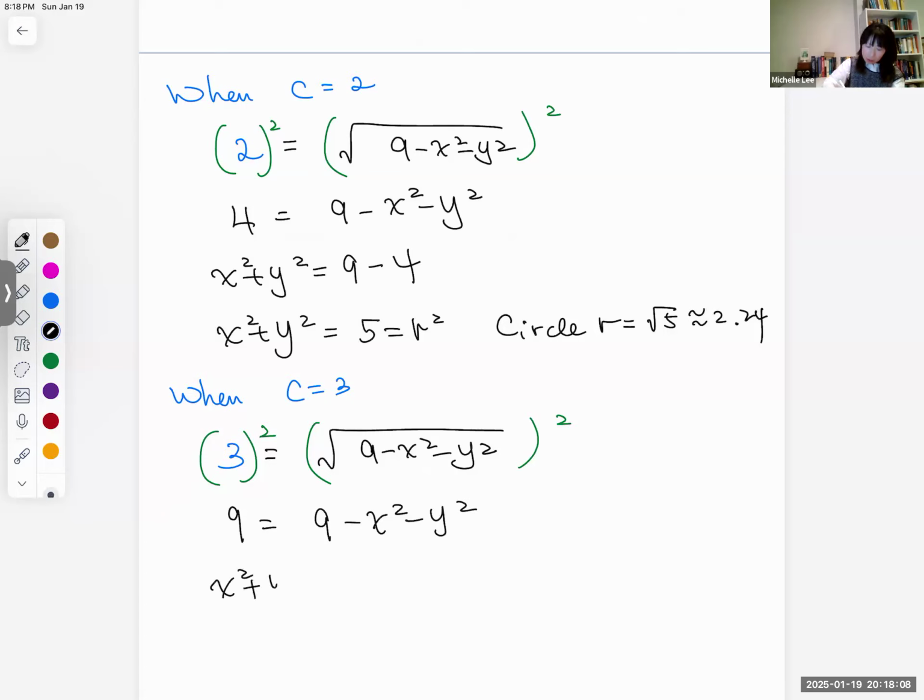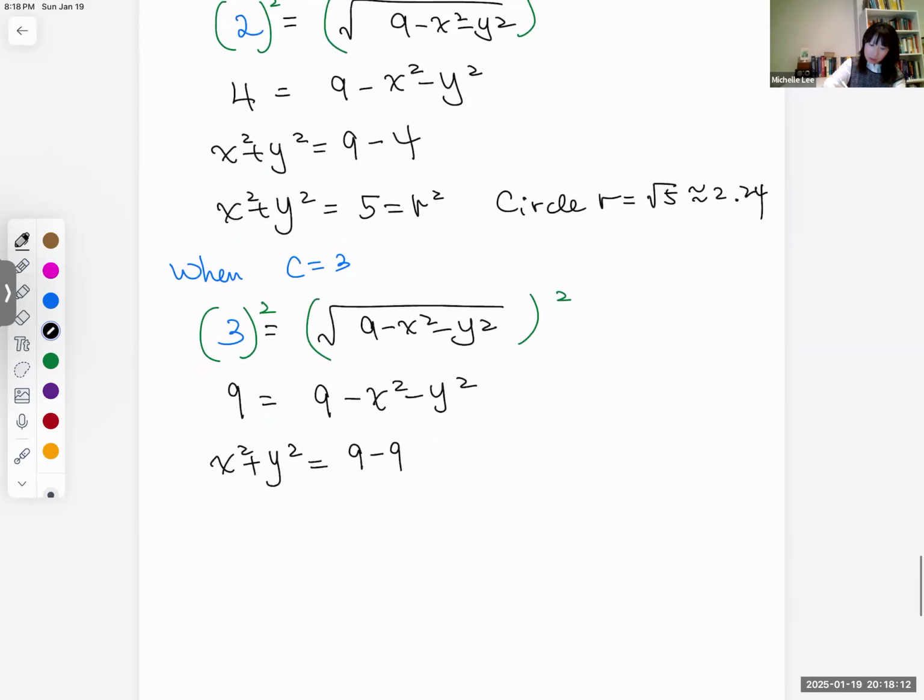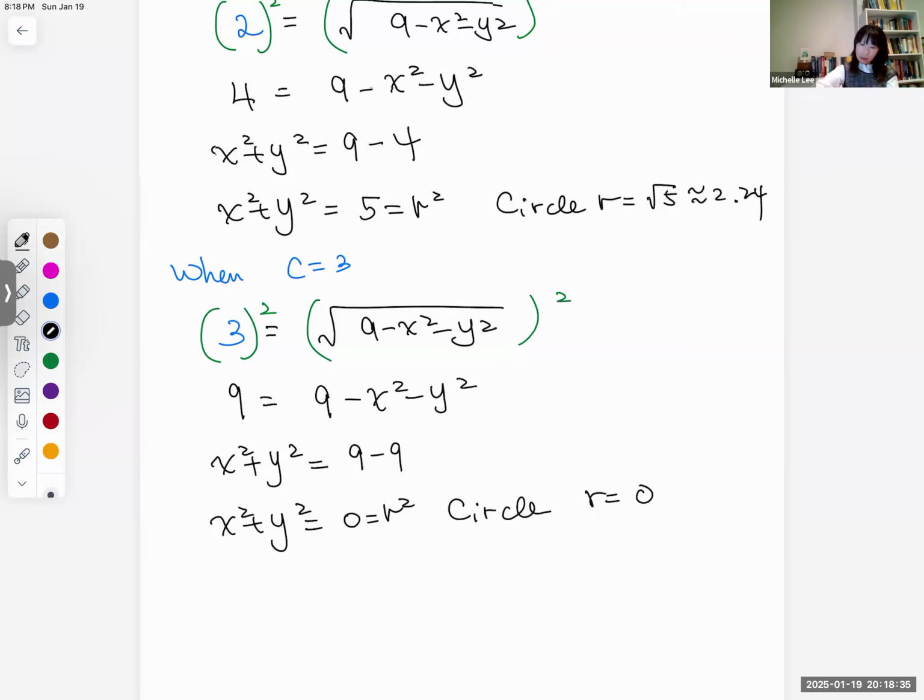X squared plus y squared equal to 9 minus 9, which is 0. Circle radius equal to 0, right? Okay, so we found everything.